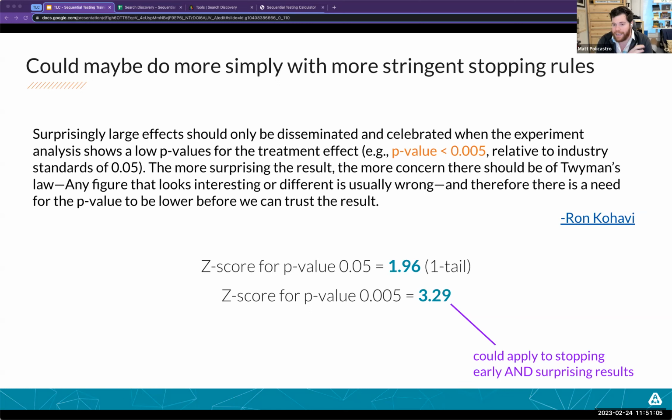When we start seeing enormous shifts in performance, if any of you have heard of Twyman's law, it's basically that any figure that looks interesting or different is usually wrong. Going back to what Kelly introduced me with, nothing makes me more suspicious than good news. Something that looks good is almost always wrong, or at least is something that we should treat with extreme skepticism until we've been able to prove it out further.